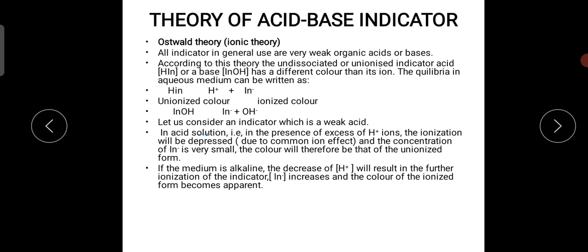In alkaline medium, the concentration of H positive decreases due to OH minus, so the ionization increases. Hence the concentration of indicator ion increases, so the color also increases in the alkaline medium.